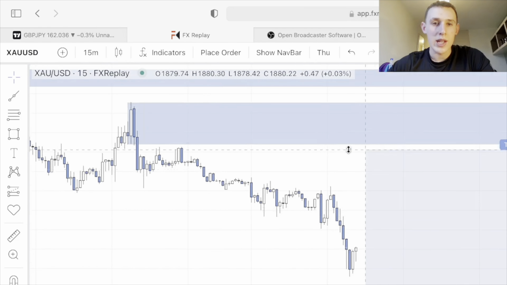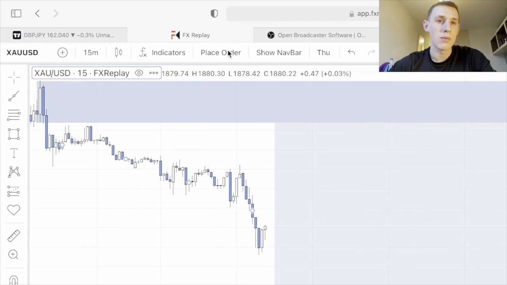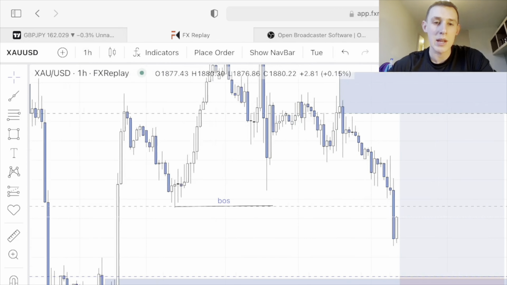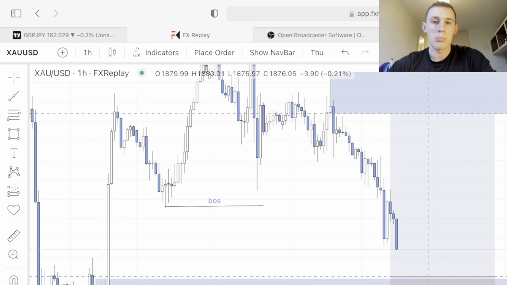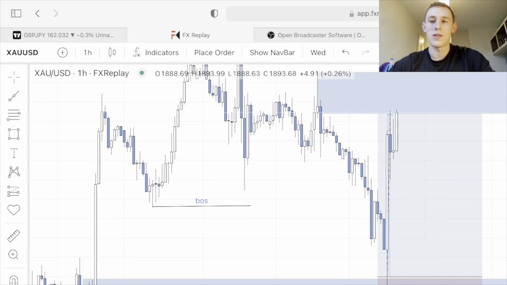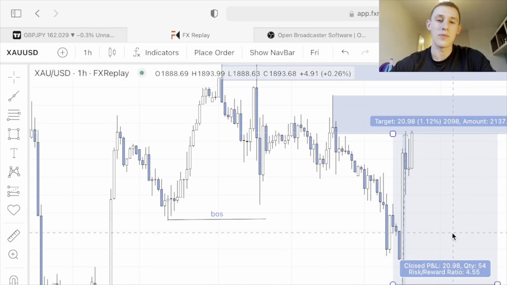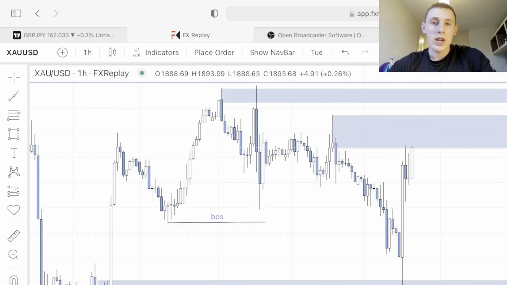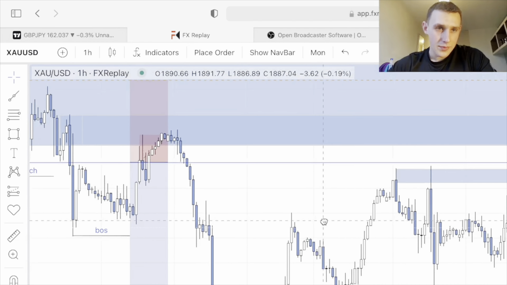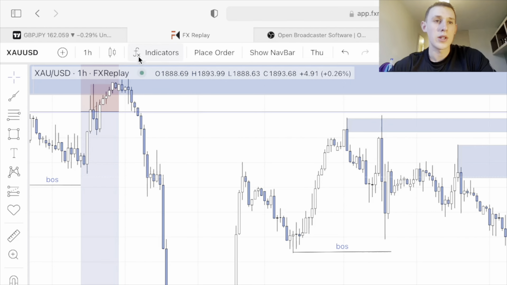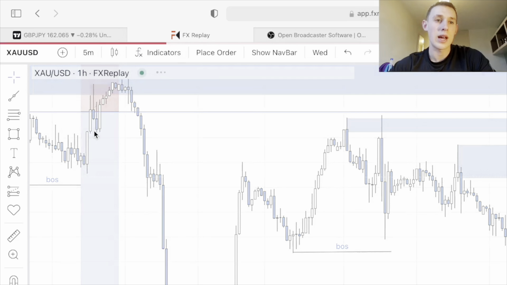So if we place the limit and buy up to this level, if price actually wants to come and tap us in, it might just miss. Oh, that was nice. So very clean trade, and now we can look for the sells. So price is coming to our first level. If we wait and see how it reacts.